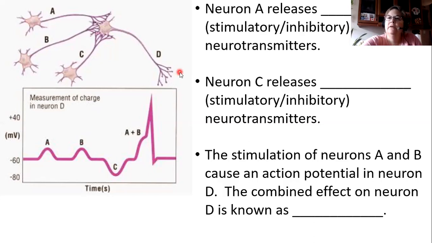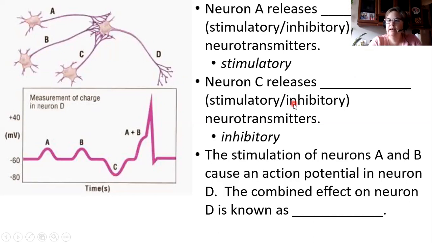Okay. So if I look at the side here, neuron A, because it causes our membrane potential to become more positive, we know that it's stimulatory, but it doesn't reach threshold. Okay. C, because it reduces the membrane potential, we know is inhibitory. Okay.